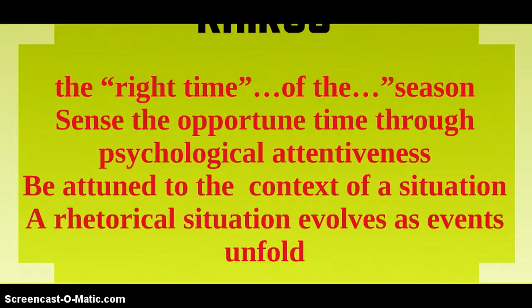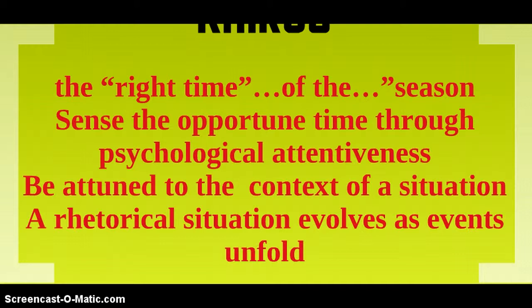Kairos is an argument's timing, its appropriateness for the occasion at hand, or the ability of a writer to place a piece of writing in the right time of the season. Writers try to sense the opportune time for the argument through psychological attentiveness to situation and meaning. Writers must be attuned to the total context of a situation in order to act in the right way at the right moment.